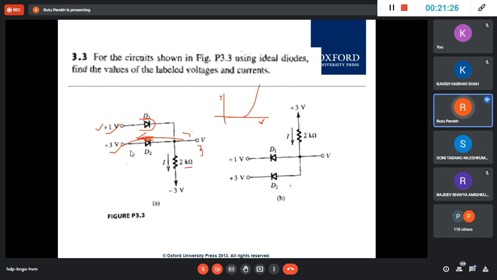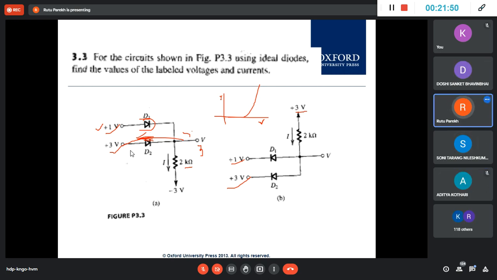Okay, so similarly, how about this? Now you should be able to say about this. See, this is plus 3 volt, and R plus 1 share, R plus 3 share. So which one here will conduct? D1.